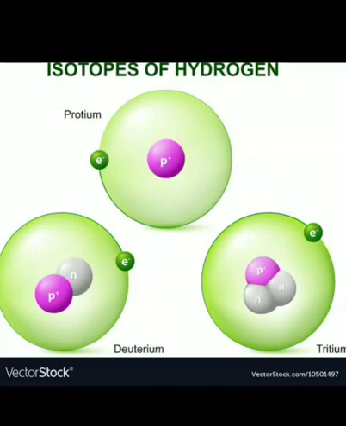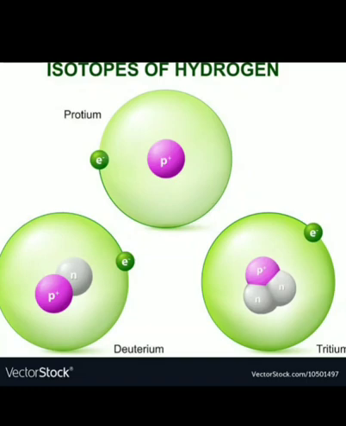That means hydrogen is the only element that has no neutron. From the figure you can see that in the nucleus only a proton is there, and 1 electron. So number of proton is 1, number of electron is 1 and number of neutron is 0. Then deuterium: number of proton 1, number of electron also 1 and number of neutron also 1.